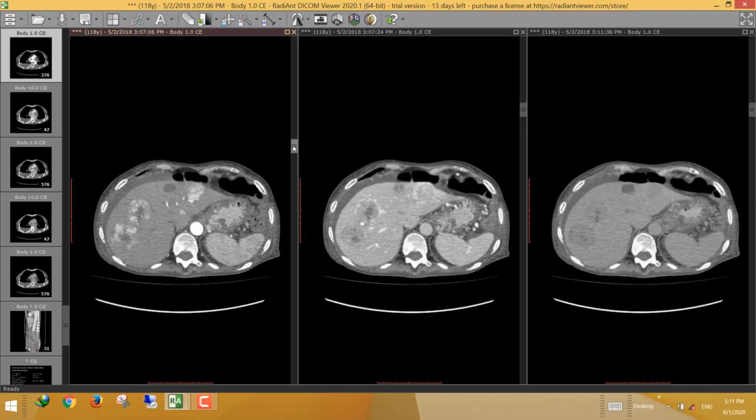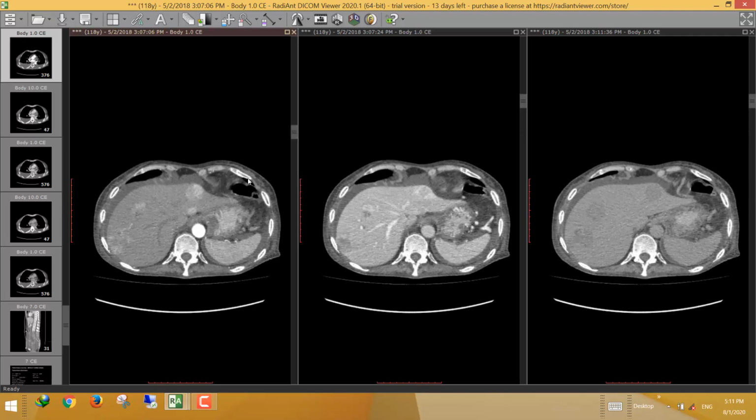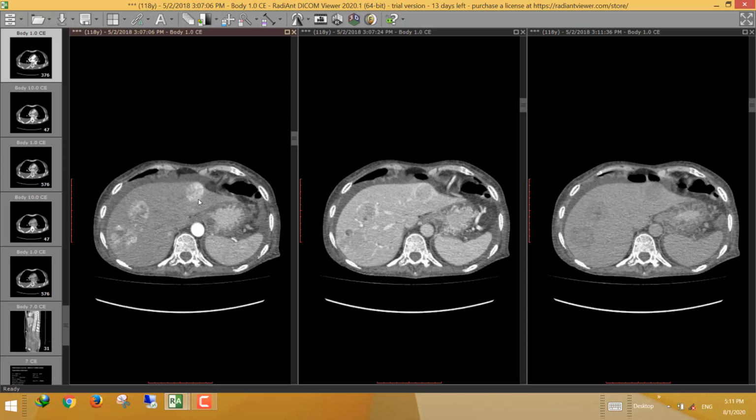This indicates the hypervascular nature of such lesions. Okay, as we described in the scheme of the hepatic focal lesions, if the lesions take enhancement in the arterial phase, it is usually one of three possibilities: either HCC, hepatic adenoma, or focal nodular hyperplasia.